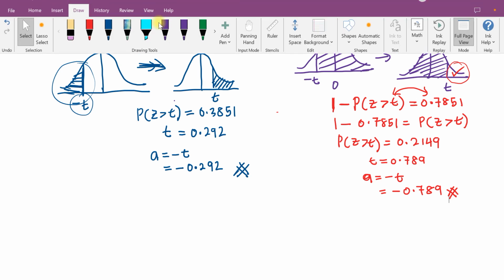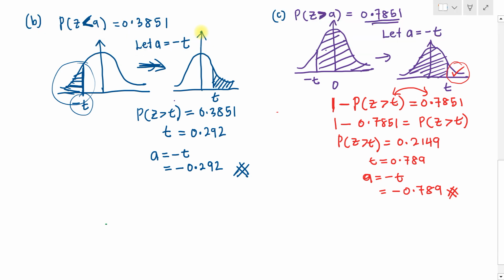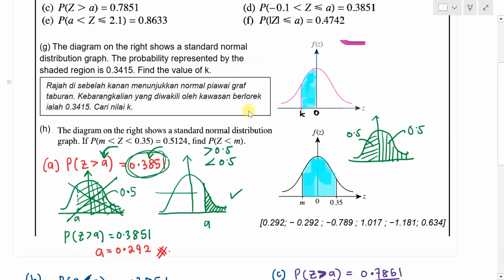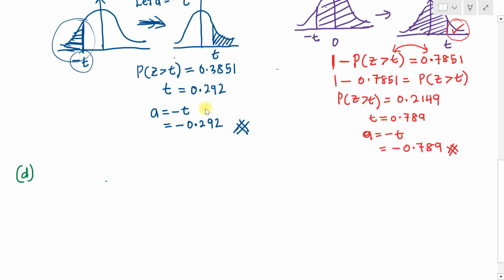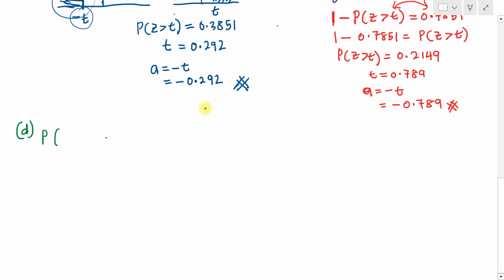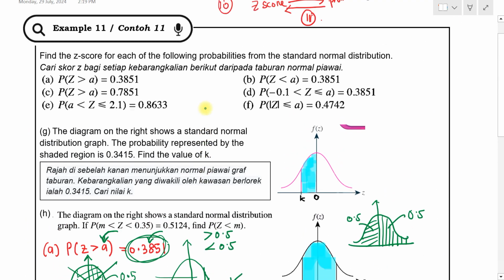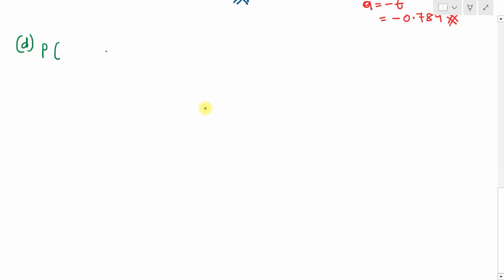Okay, let's look at the next question. Question D. Probability of negative 1 until A. Don't bother much about the symbol of inequality in a continuous random variable, it doesn't really mean anything there.